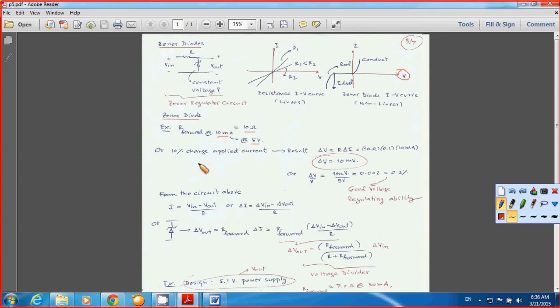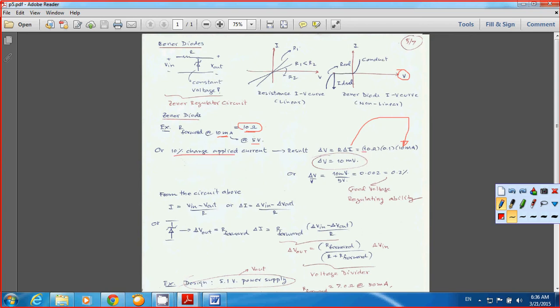So a 10% change in applied current results in delta V equal to R delta I. This follows Ohm's law, V equal to IR. So at I around 10 milliamps, your R becomes 10 ohms. That's why I put 10 ohms here.